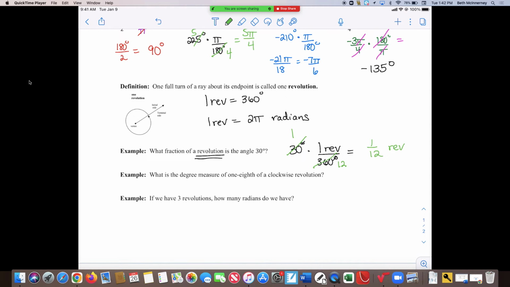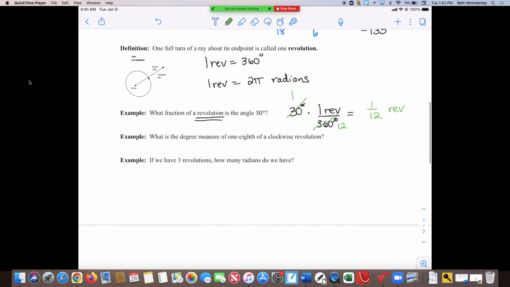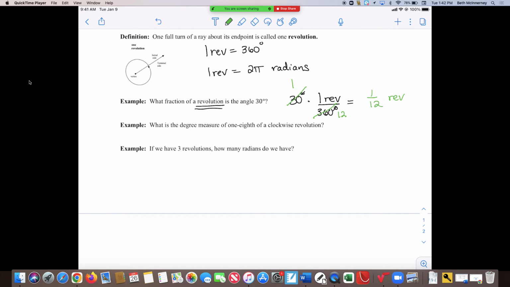Pretty cool. All right, what is the degree measure of 1/8 of a clockwise revolution? What does clockwise mean? Negative. Okay, so 1/8 clockwise, that's a revolution. I want to know the degrees, so my conversion is going to be 360 over 1 revolution. So pay attention to the manner in which you're rotating, because clockwise is a negative angle of rotation.